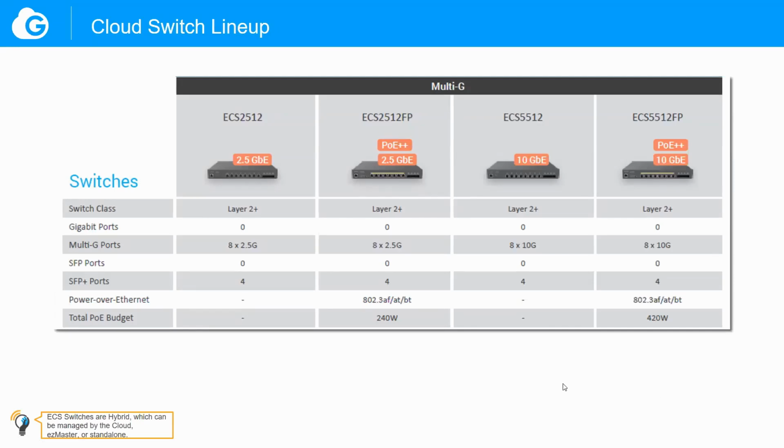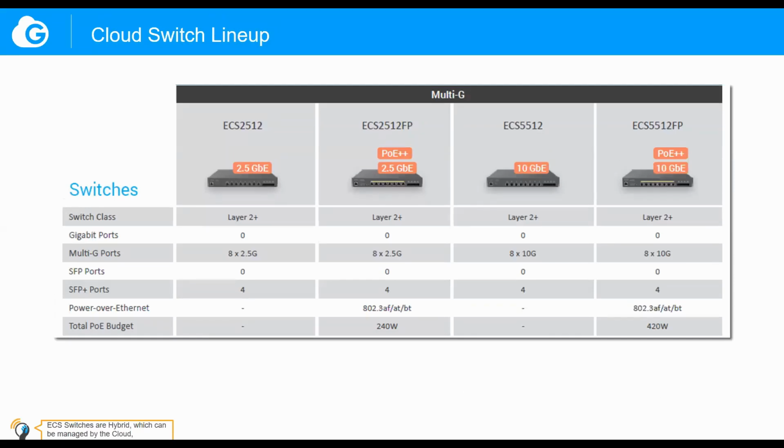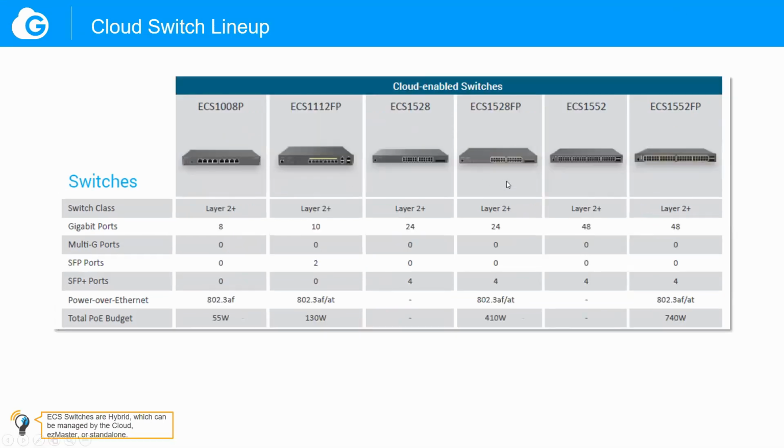Let me show you guys our EWS switches as well, just a while. By the way, our cloud switches are considered hybrid switches because you have different management options for them. You can either manage them in standalone mode, meaning through its IP address, through a browser, or you can manage them through the cloud portal.